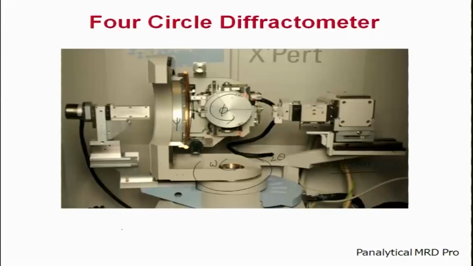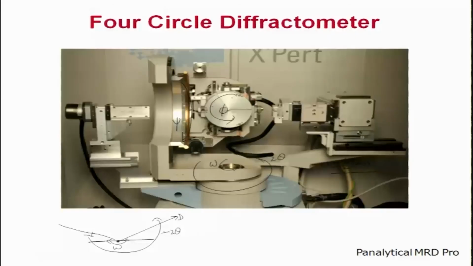So, this is your sample. If the sample is rocking around its own axis, this is omega, but you have a detector here, and this is your X-ray beam. If these two rotate together, then this is 2 theta. You can see that omega and 2 theta are coplanar, but phi and psi are different.